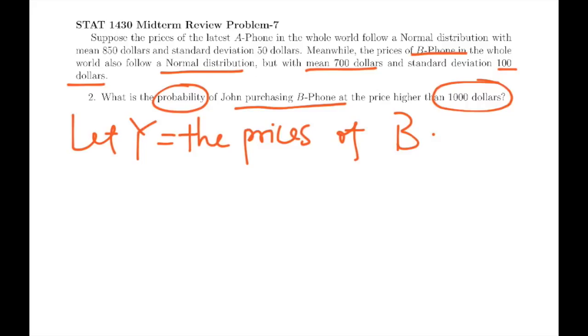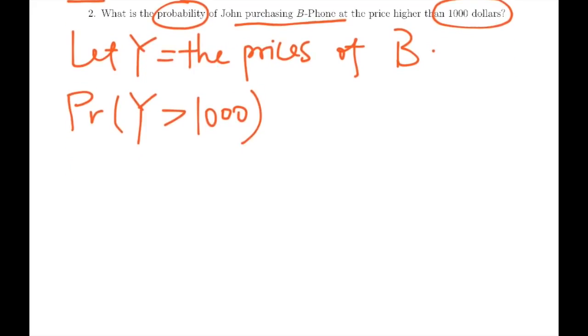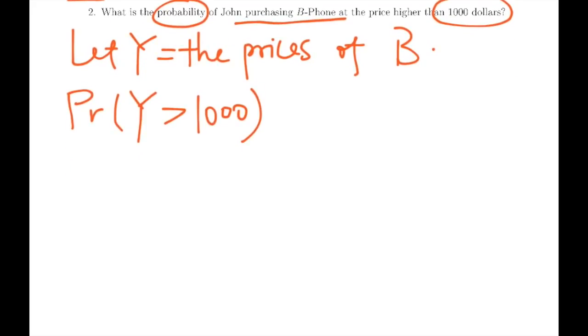So basically we want to find the probability of the price Y greater than $1,000. Okay, so Y here has a general normal distribution. To find the probability, we have to convert Y into the standard normal distribution.